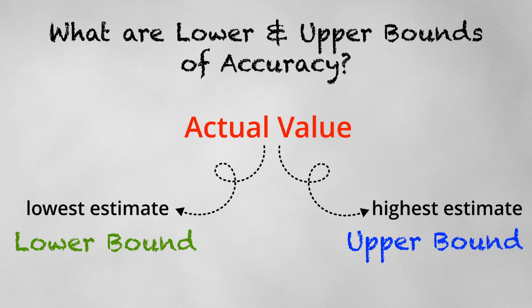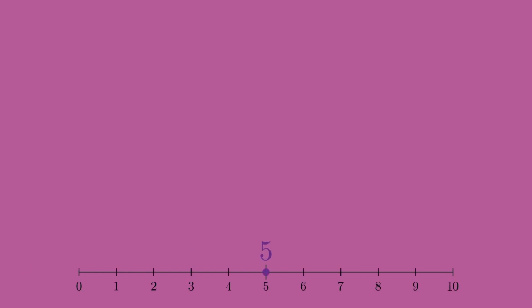And the upper bound is the largest possible value the original measurement could have been. Think of it like this: if you measure a length as exactly 5 centimeters, but your ruler is only accurate to the nearest whole centimeter, that 5 actually represents a range. The true length could be a little less or a little more than 5.